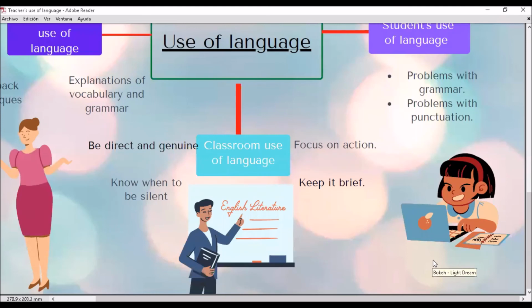And finally, the classroom use of language. In the part of teachers, they need to be direct and genuine, and know when to be silent. For the students, they need to focus on actions and give it breath.